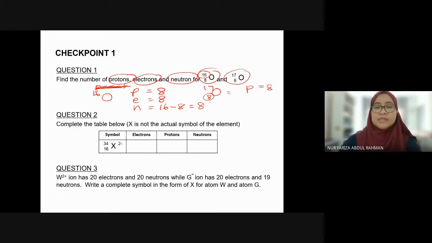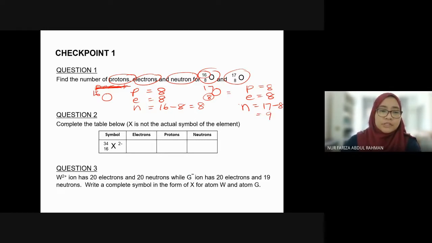This element is an oxygen atom based on the proton number. Electron is also 8, and neutron is 17 minus 8, which would be 9.